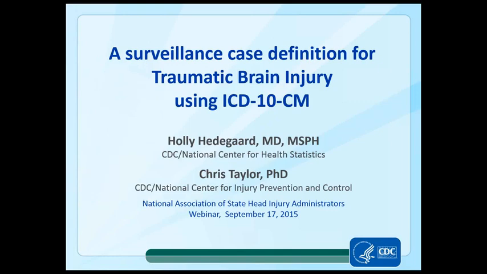The codes that we're going to be discussing today are really the basis of our national TBI surveillance, so they're of great importance to us. I also know they're of great importance to the states as well, because they're used for a variety of purposes, one of which is surveillance in the states. This is a really critical effort, and we're happy to share the work that has been done getting us to this point. With that, I'll turn it over to Holly and Chris to begin the webinar.